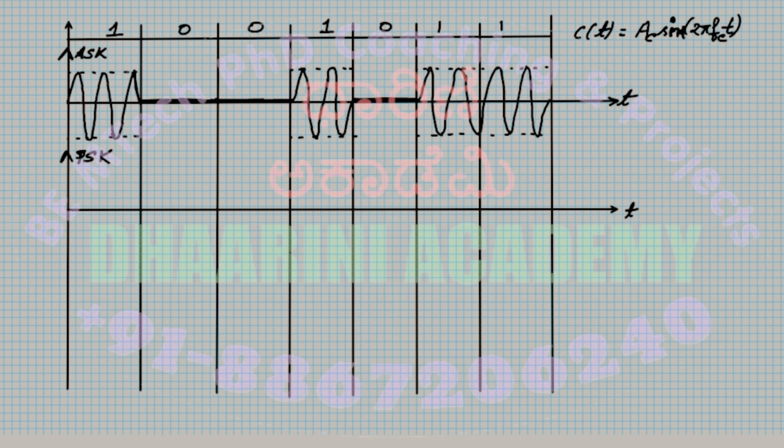Now, how do you decide how many phases are required? That depends upon how many types of symbols you have. In this case, it is a binary communication, very simple case. I need only two phases because there are two symbols, or M equal to 2, M-ary communication with M equal to 2, that's binary.